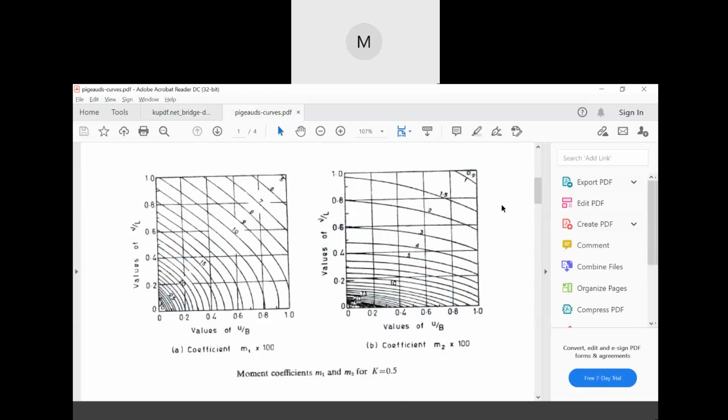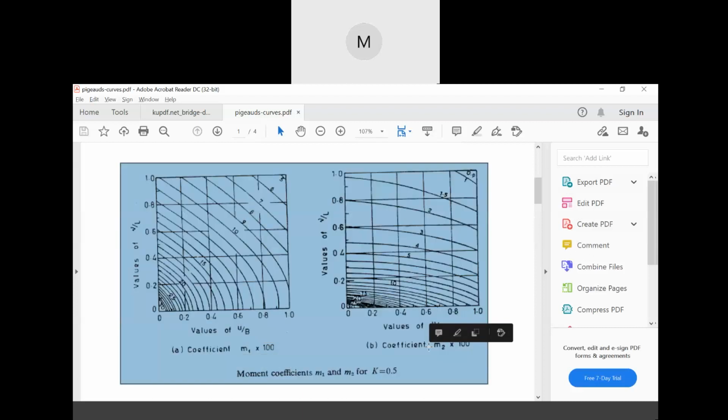For the k value corresponding to 0.5, what you will find out is m1 and small m2. Is it okay?